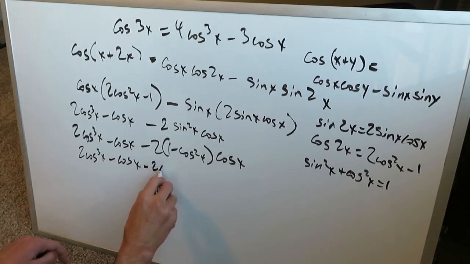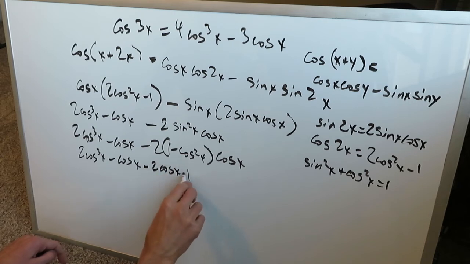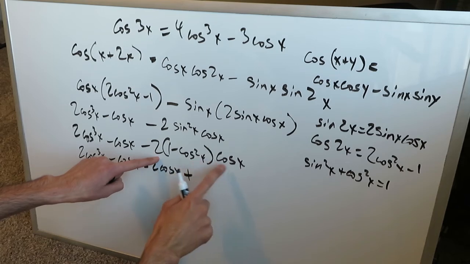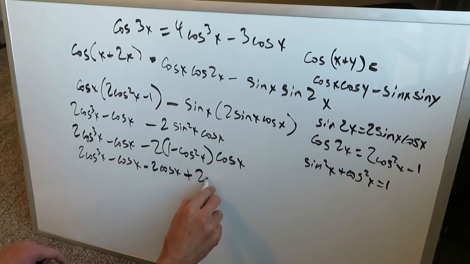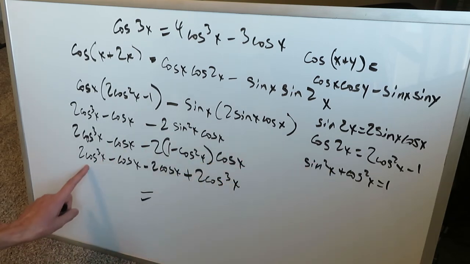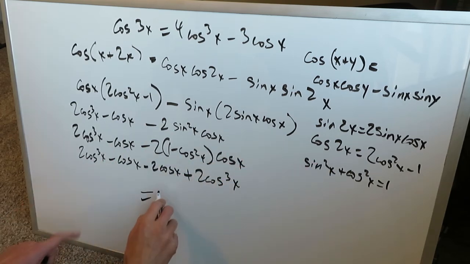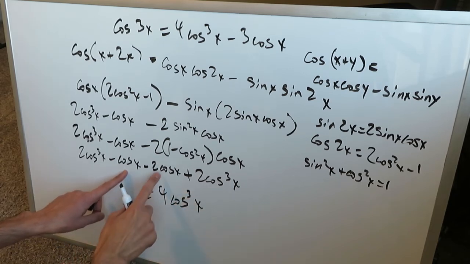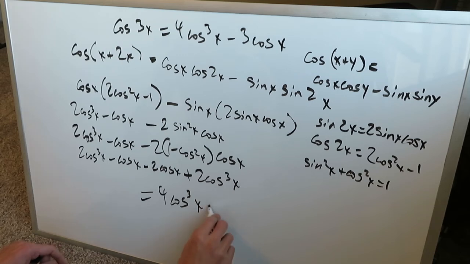I'll get a minus 2 cosine x and I'll get a plus. See, minus times this minus will give you a plus. 2 cosine square x times cosine x will be 2 cosine cube x. Bring all the like terms together in this final hurrah and we're done. 2 cosine cube plus 2 cosine cube will give you 4 cosine cube x. Minus cosine x minus 2 cosine x is a minus 3 cosine x, and we are done.